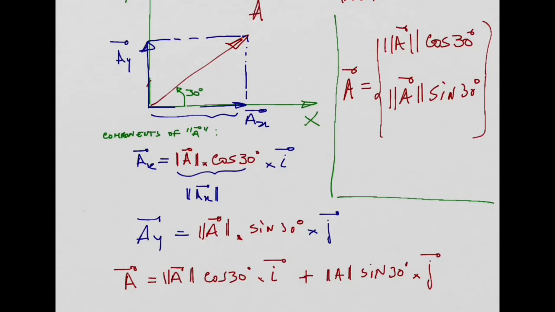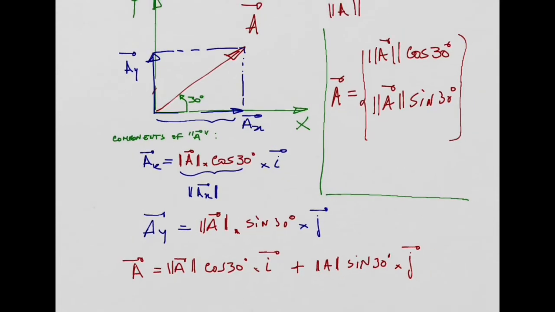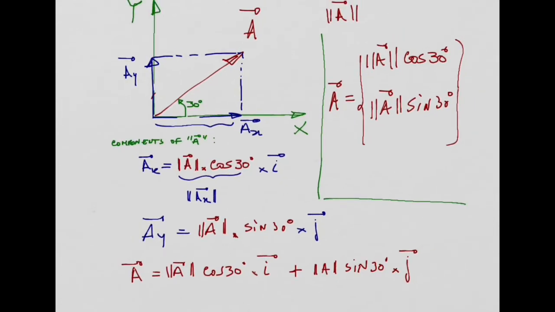Okay? So it's very easy. For example, imagine I tell you the norm of A is equal to, let's say, 10 kilonewtons. Imagine this vector A is a force, and the intensity of this force is 10 kilonewtons. Then you can define the force vector A by just replacing the norm of A by 10 kilonewtons, right?